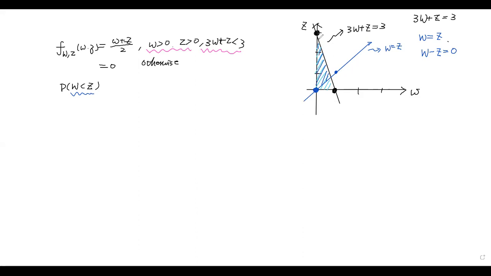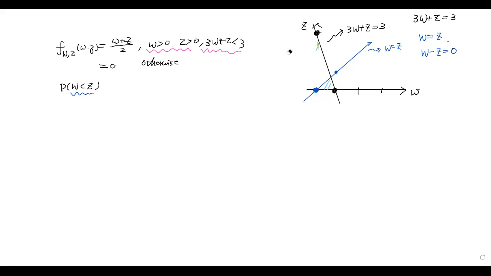Because this area is the common area between your domain and the probability region I'm trying to find, now I know this is the area. I'll use yellow for it.